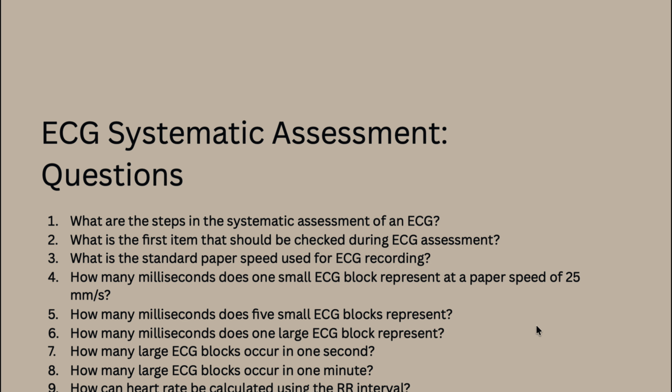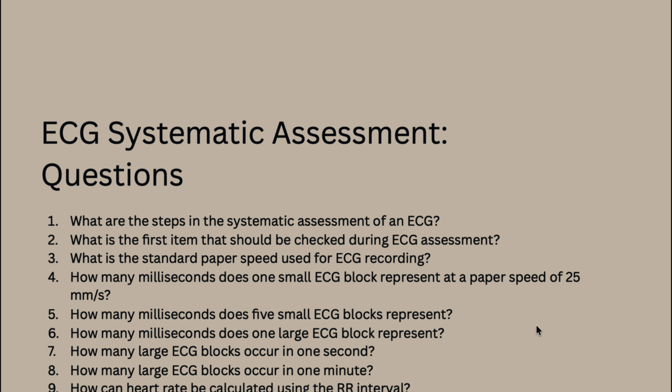For question 3 to question 8, to answer all of these questions at once, we can look at standardization. The standard ECG paper is 25 millimeters per second. At this paper speed, one small block represents 40 milliseconds or 0.04 seconds. So 5 small blocks represent 200 milliseconds or 0.2 seconds.